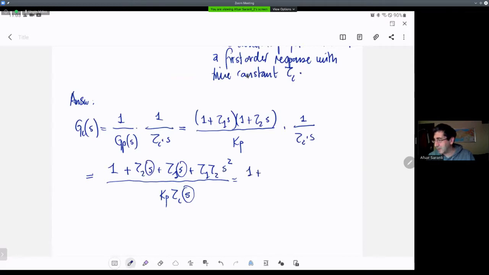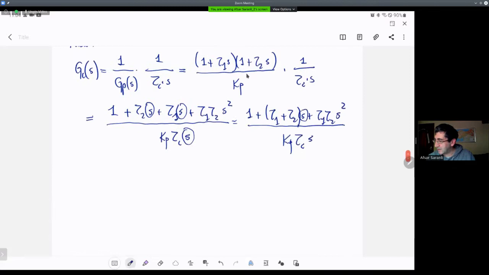So I have tau 1 plus tau 2 s plus tau 1 tau 2 s square divided by Kp tau cs. Okay, so this term it will cancel out in terms of s's. So in fact, I'm going to take the whole thing into a parenthesis with this term so that I have a 1 on the inside.